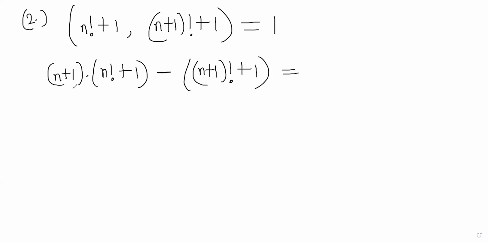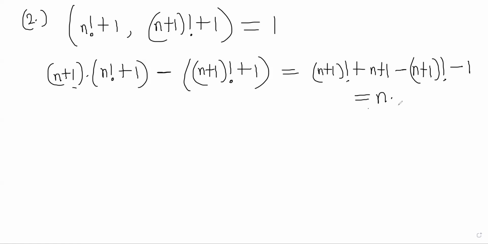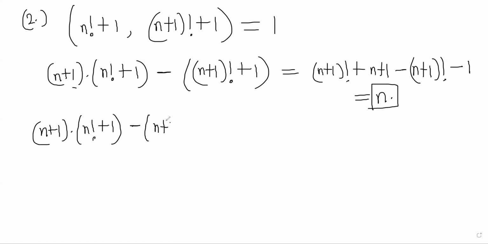Think about it. Here this becomes (n plus 1) factorial plus n plus 1 minus (n plus 1) factorial minus 1, right? So this is equal to n, correct? So we are getting this relation: (n plus 1) times (n factorial plus 1) minus ((n plus 1) factorial plus 1) equal to n.